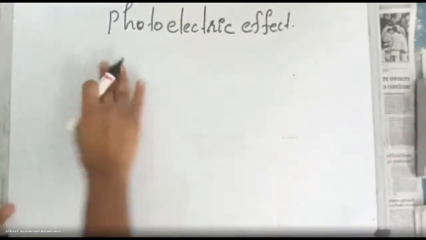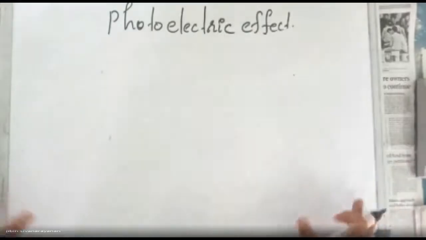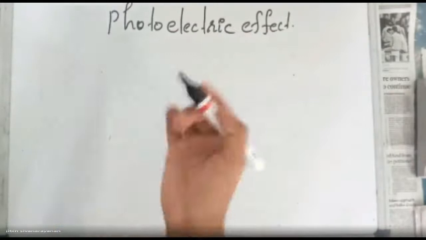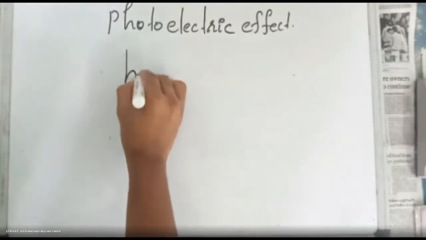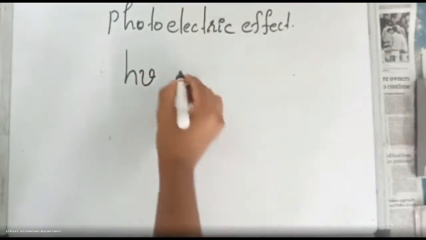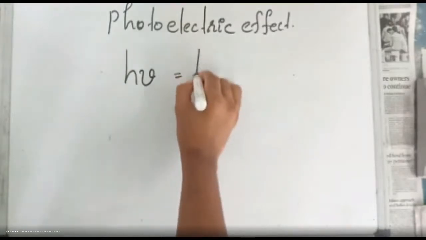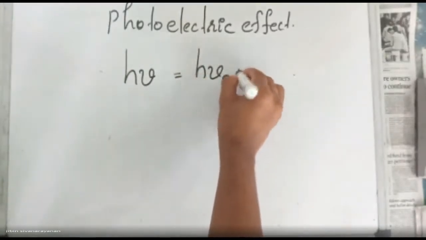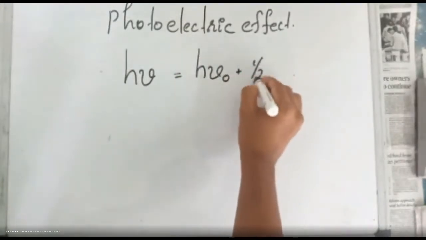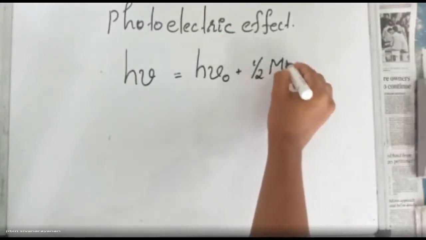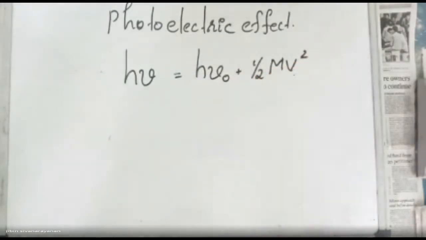We don't know how much energy we are using, so I'm simply giving radiation energy of h mu. Actually, this h mu is the sum of the minimum energy and the energy of the electron going out, that is half mv square, the kinetic energy of the electron.